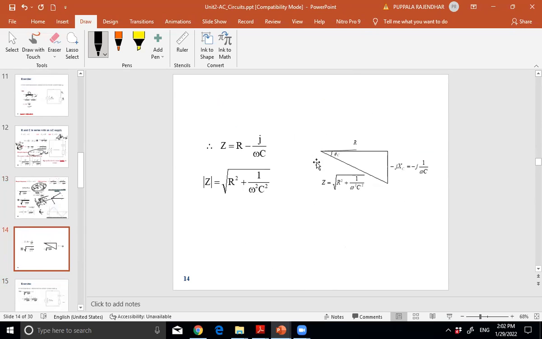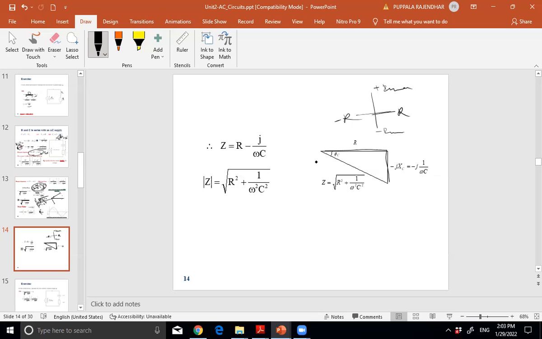So this is R and XC. Minus we are having. So this is real, positive imaginary, negative imaginary. So where we can represent minus?